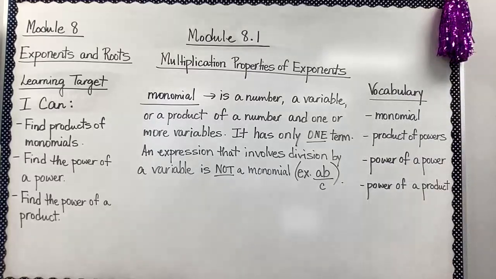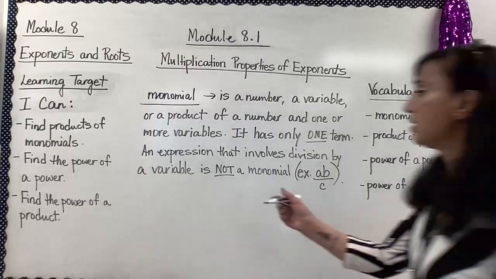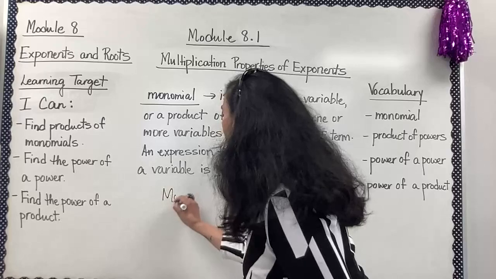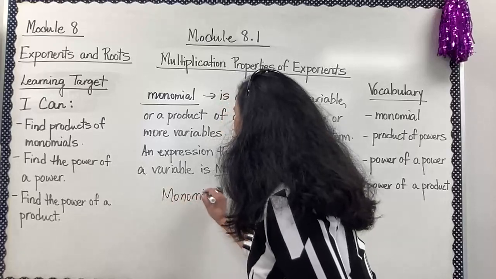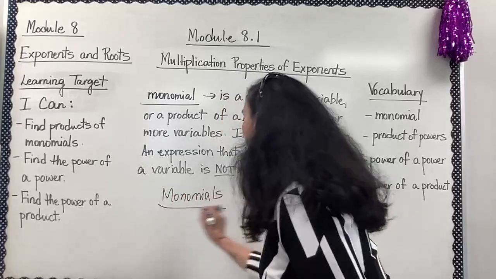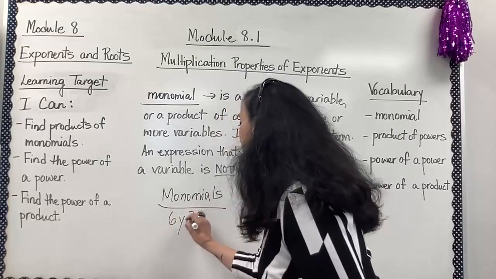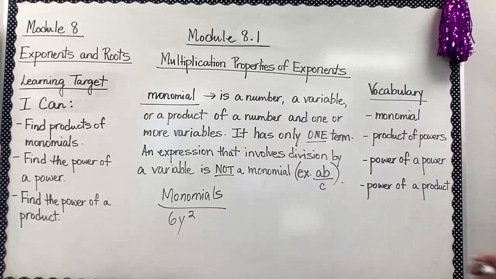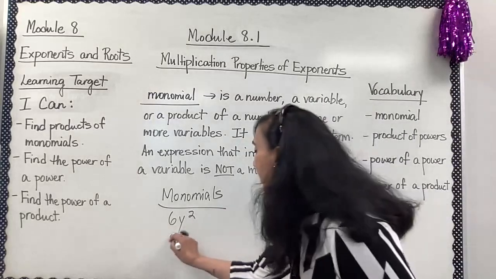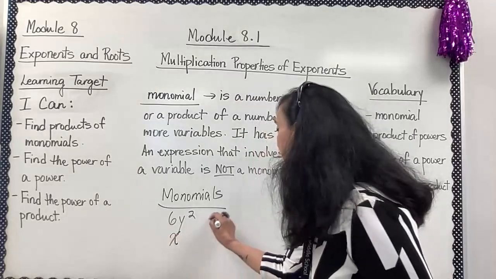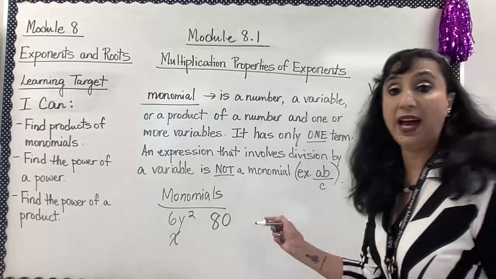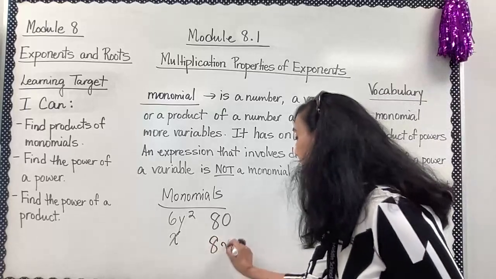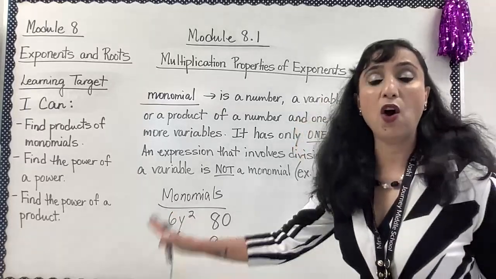Let's quickly look at examples of monomials. For example, we have 6y squared. That is a monomial. If I have x, if I have 80, if I have 8x, these are all monomials.